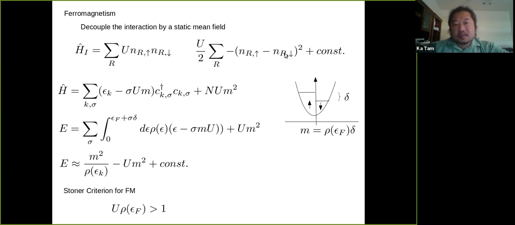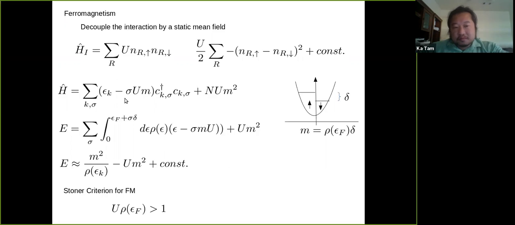So you rewrite the interaction term in terms of the magnetization, basically n_l up minus n_l down, and then you do the mean field of this term, and you define the magnetization as the expectation value of n_l up minus n_l down. You rewrite the Hamiltonian by the mean field approximation, and the Hamiltonian becomes quadratic, so you can calculate the energy exactly in terms of the magnetization, and this is the result.